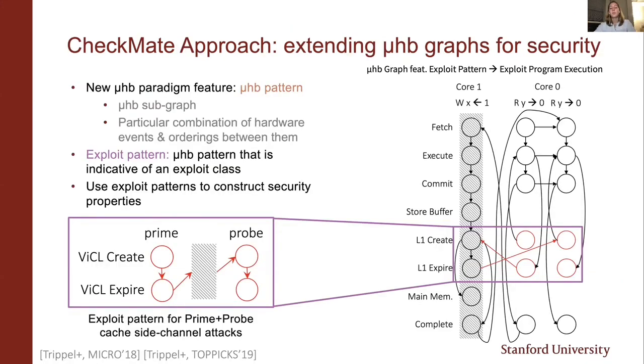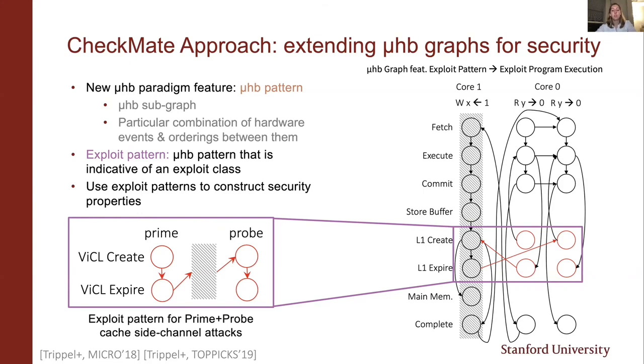In order to support security modeling and verification with the MuHB graph formalism, we developed the CheckMate approach, which augments the MuHB modeling paradigm with a new feature. Specifically, we propose MuHB patterns as MuHB subgraphs, which correspond to a particular combination of hardware events and any relevant orderings between them. When a MuHB pattern is indicative of some class of exploits, we call it an exploit pattern.